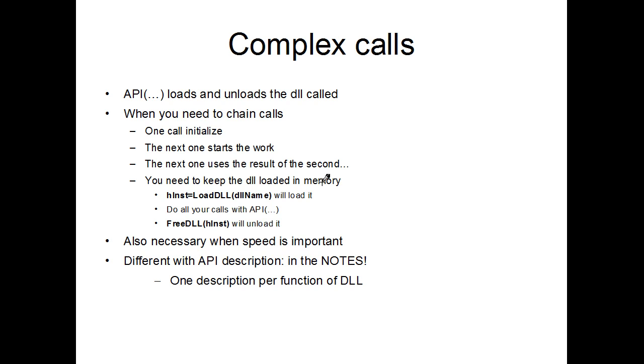But once that is done, the DLL is loaded only once, not for each variable. So if you have 5 different calls to make, you create 5 different variables, and the DLL will be loaded only once. So it's great, it simplifies things, but once again, it's a black box.